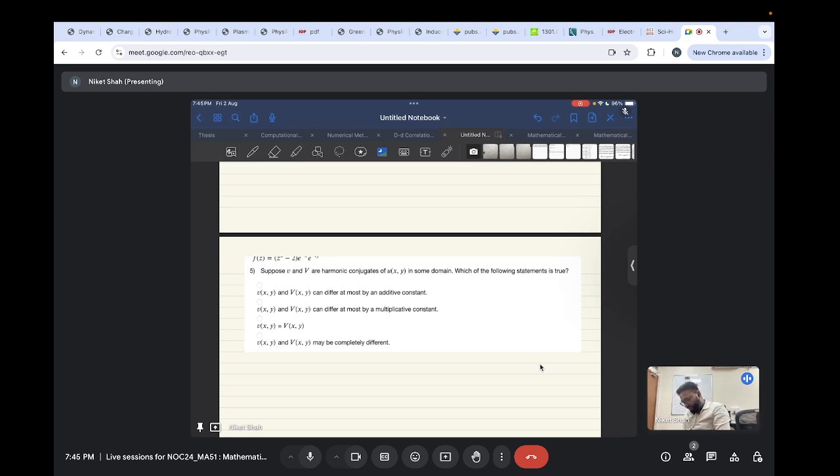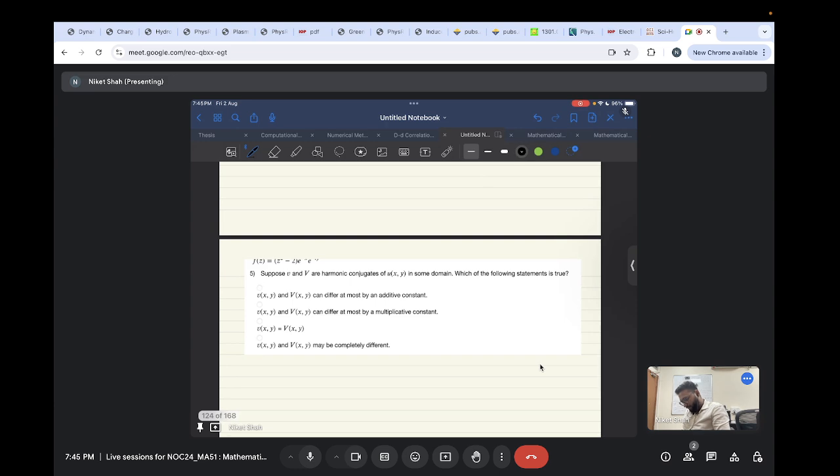So let's write two analytic functions. One is f1 equals u plus iv.